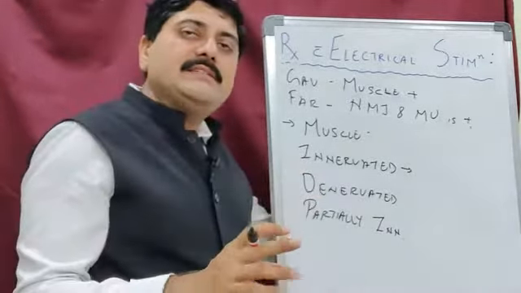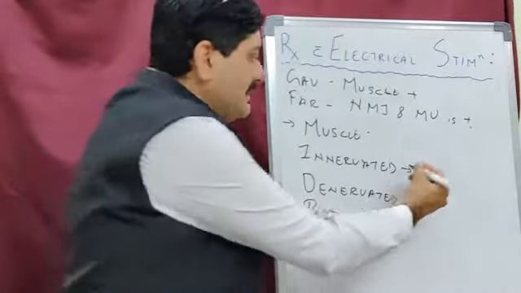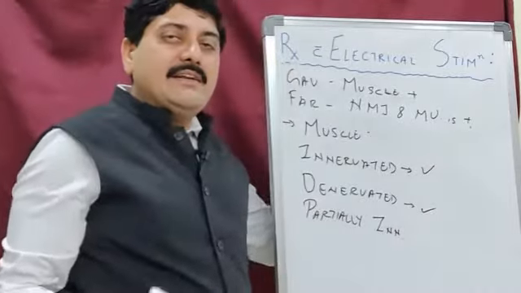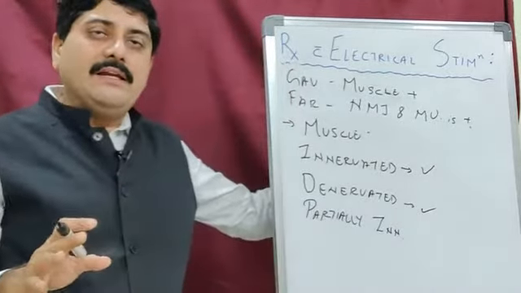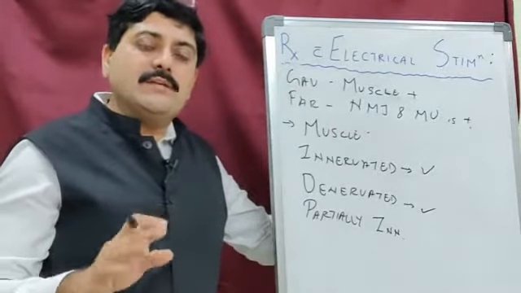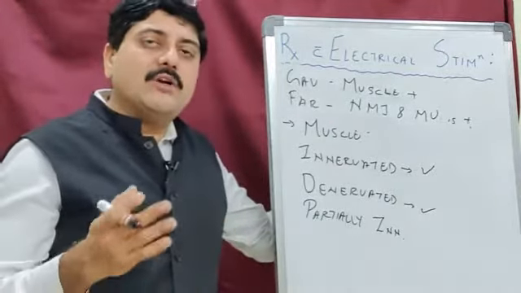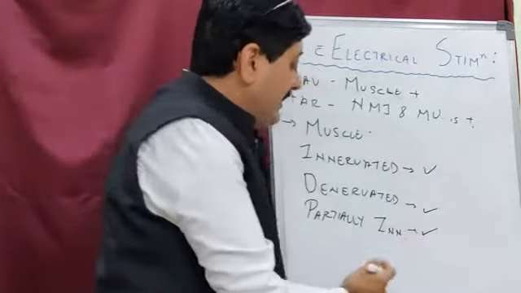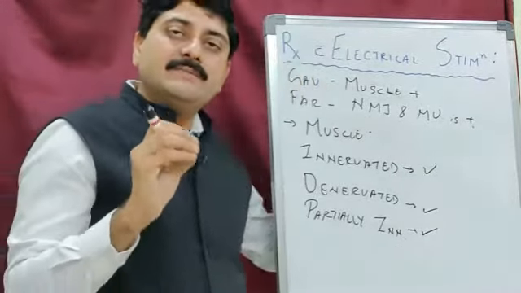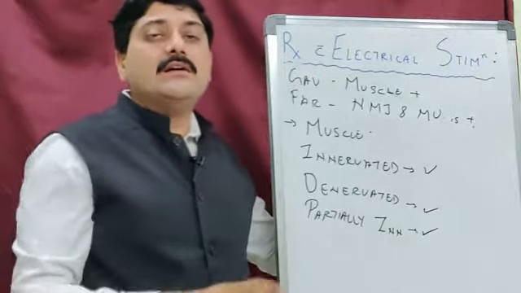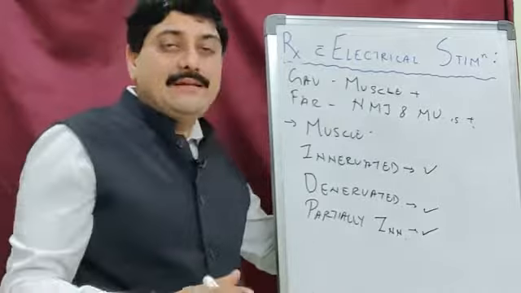So in this case, we have to find out whether it is this, or the second case, whether it is denervated, that the nerve to the muscle is completely severed, or it has been bruised or stretched, or something has been done so that it is not supplying the muscle itself, or whether it is partially innervated, that means the nerve was injured and now it is in a way of rehabilitation.